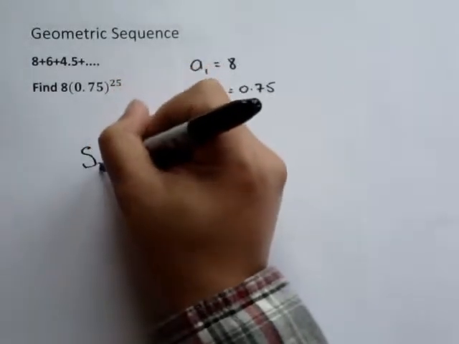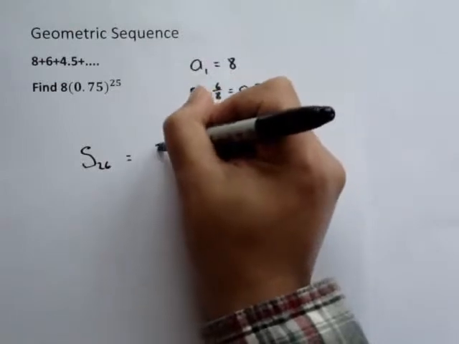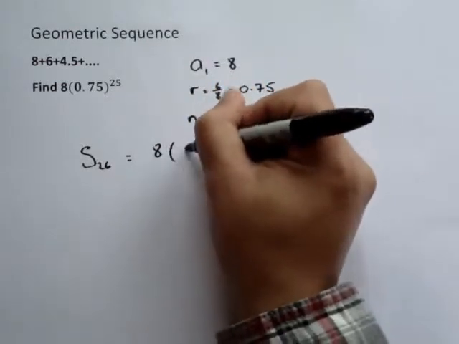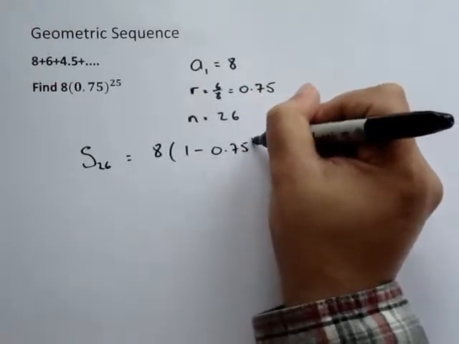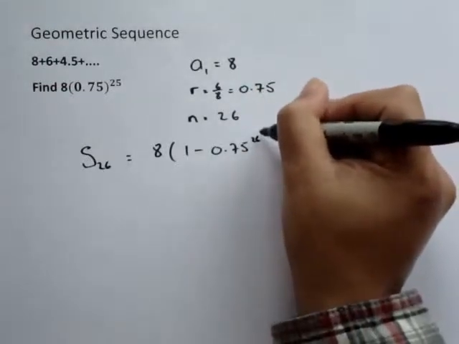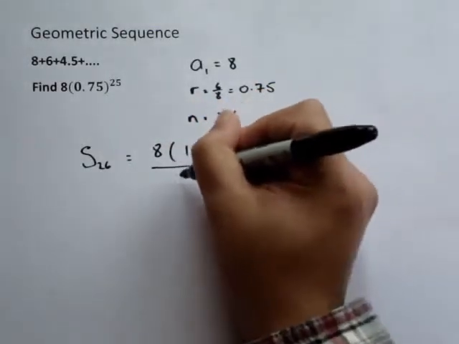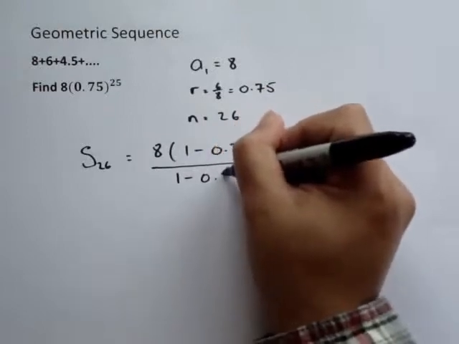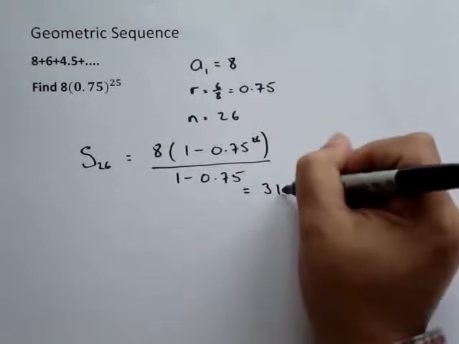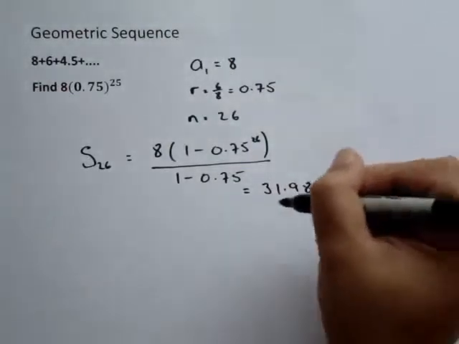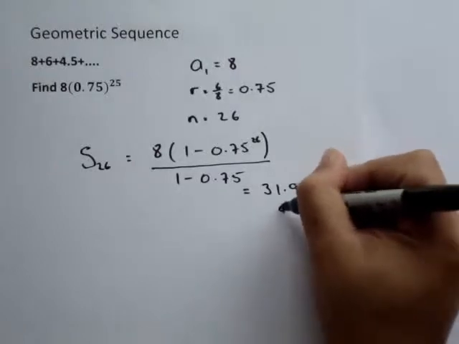So we have S, the sum up to the 26th term, equals 8 times 1 minus 0.75 to the 26, all over 1 minus 0.75, and that is 31.98 to 4 significant figures.